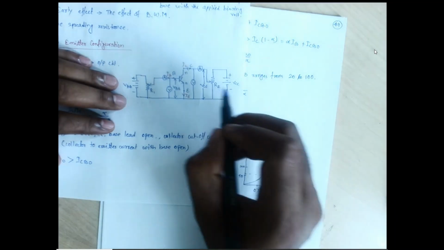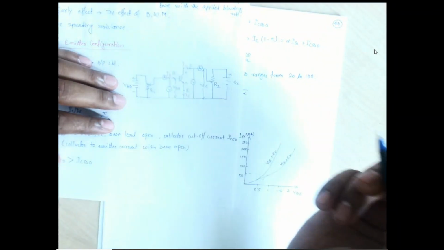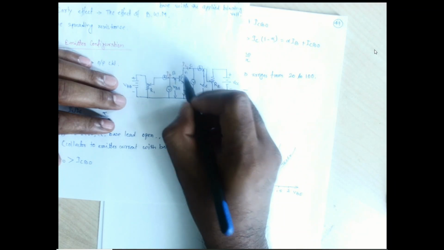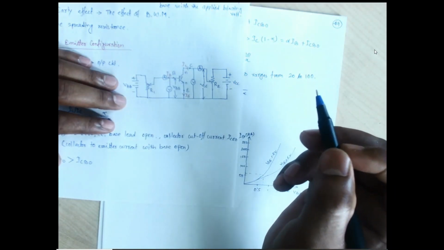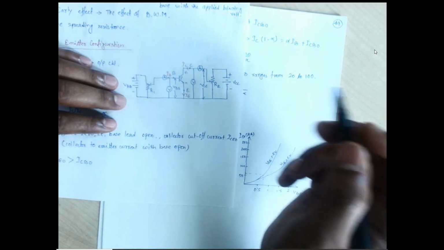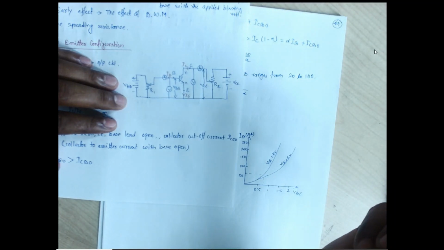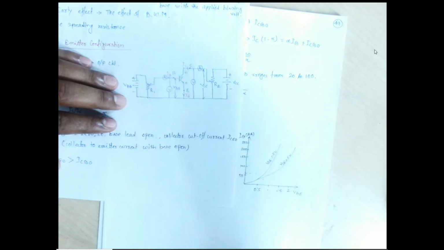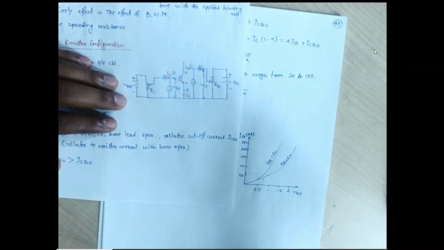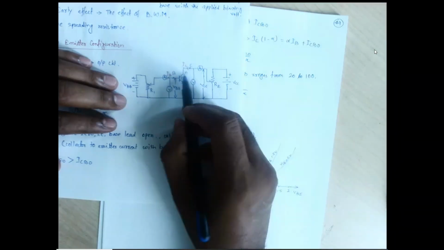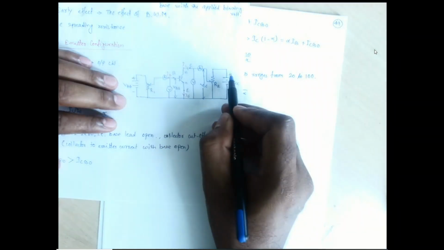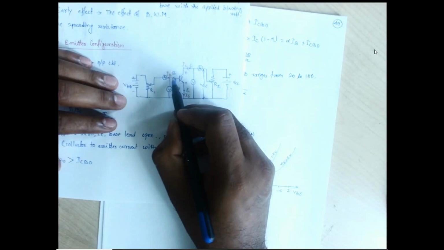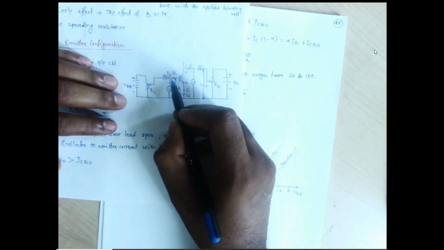So with increment in VCE, this CB junction is provided with a higher amount of reverse bias. How? Because the base has less positive compared to the higher positive of the collector. So this N is provided with higher positive, P is provided with less positive, so yes, it is some kind of reverse bias.